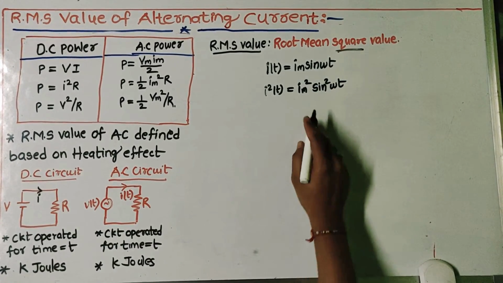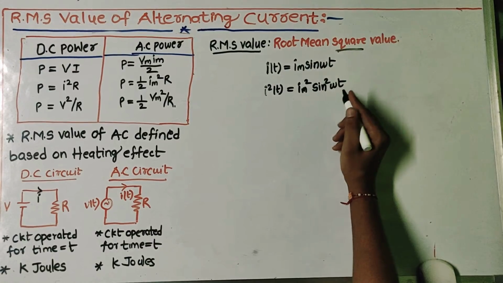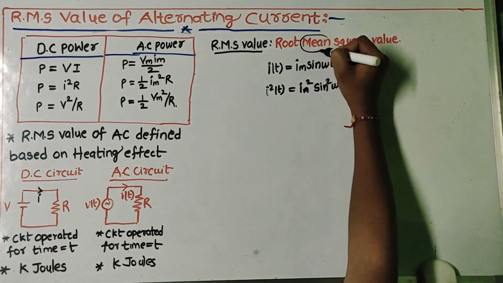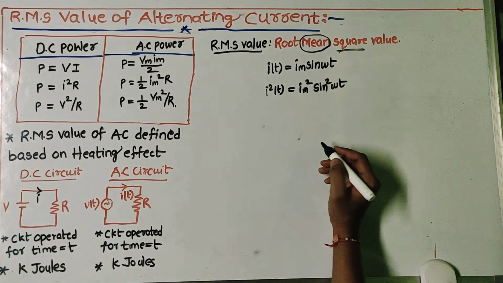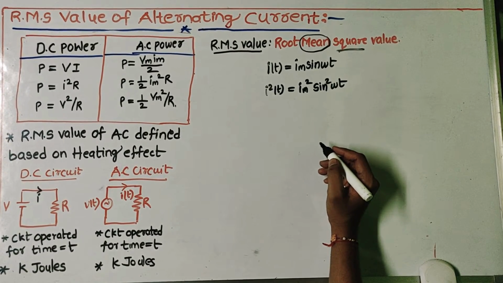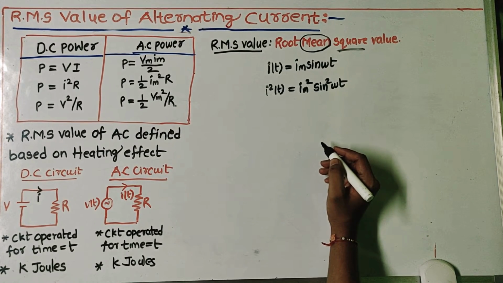After squaring, find the mean. What is meant by mean? Mean is nothing but the average value. If a continuous function is given, you know how to find the average value. The formula is f average equals 1 by T integral 0 to T f of t dt.